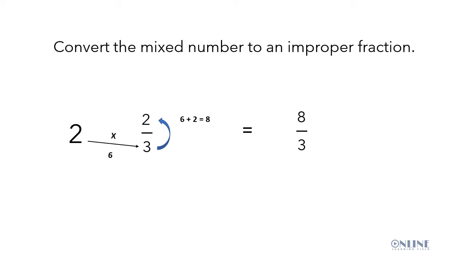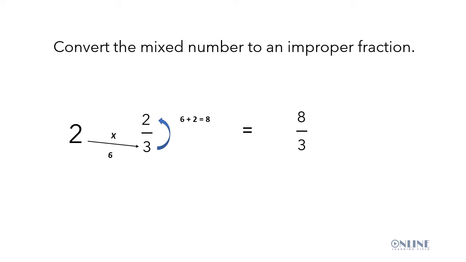We do this by multiplying the whole number 2 by the denominator of the proper fraction, which is 3. This will give us 6. The second step is to add the result of the multiplication, which is 6, to the numerator 2. The addition will give us 8. The last step is to divide the 8 by 3, which is the denominator of the fraction.